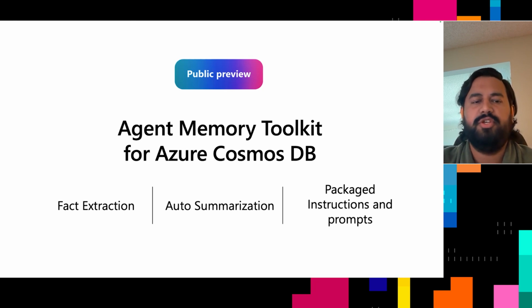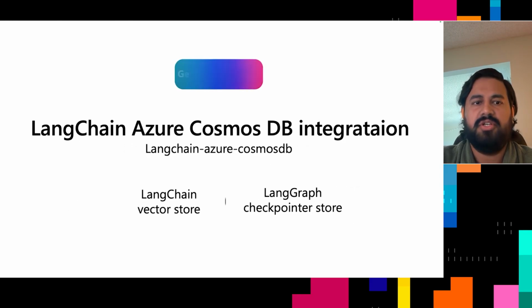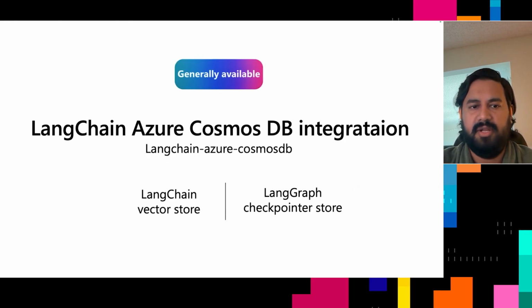So the agent memory toolkit for Azure Cosmos DB is in public preview now. It has fact extraction, auto summarization, and package instructions and prompts to do conflict resolution, extract different kinds of memories, and do user and thread summarization. Next, the LangChain Azure Cosmos DB integration is also generally available.